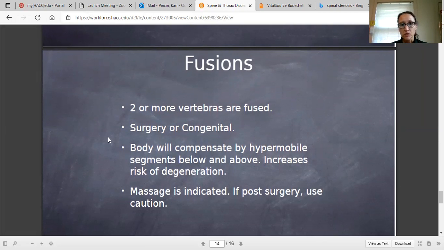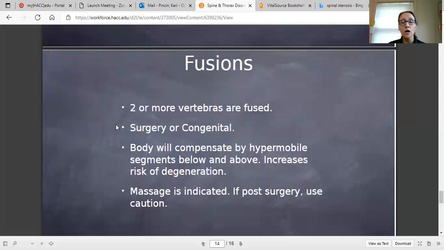A lot of times when a disc is injured and somebody has to have surgery for that, what they do is they take the disc out and then they put little cages around the vertebrae to help fuse them together.